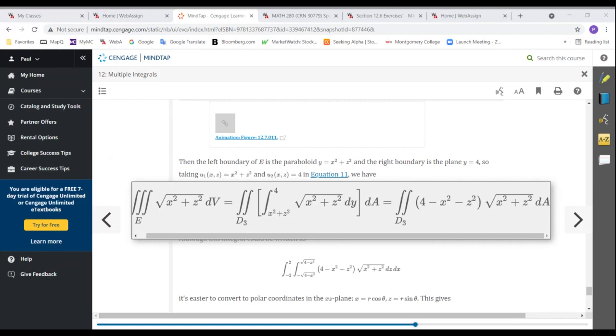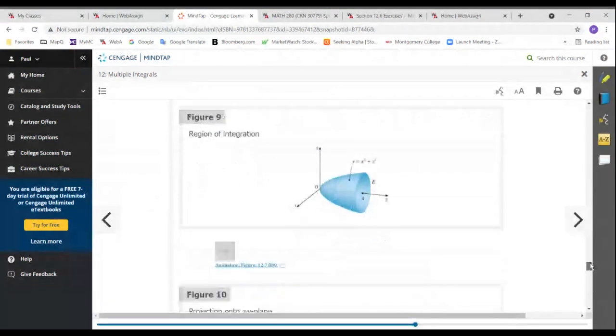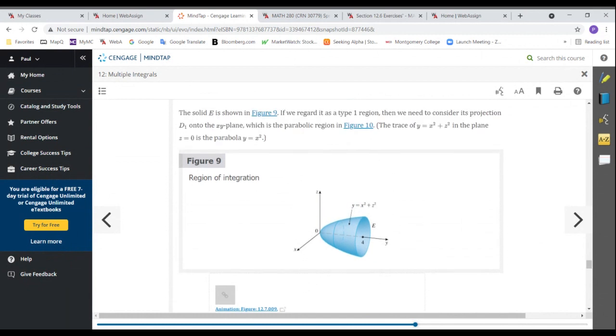So it's a region D for a type 3 solid region E. So we got to project that solid region E into what plane, to determine the region D of integration for the last two integrals?